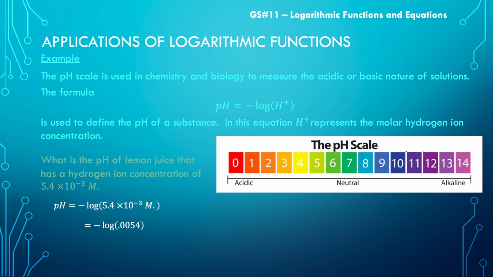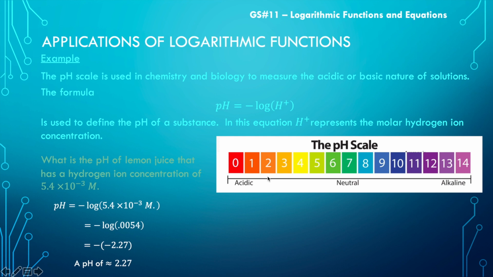That is 0.0054. And I want to take the log of that. Log of 0.0054 is negative 2.27. And remember, I've got this negative in front of this, so I'm going to take a negative of this negative, and I'm going to find that the pH is about 2.27. So about here on the pH scale.